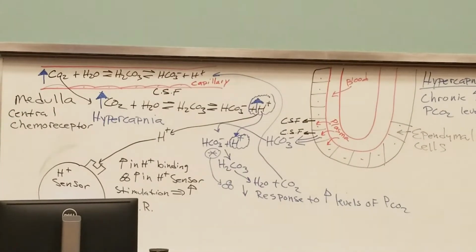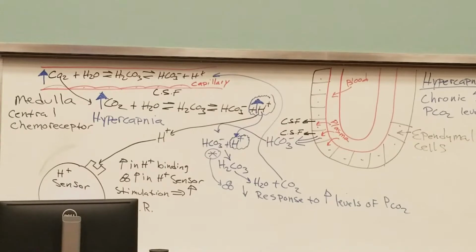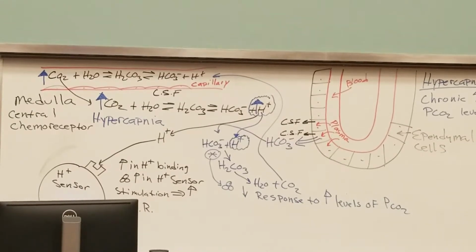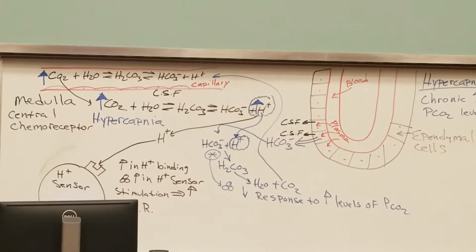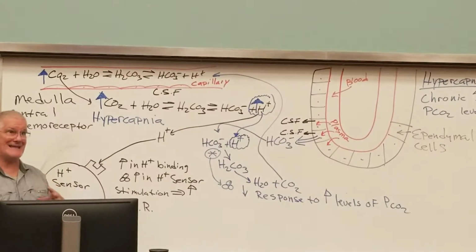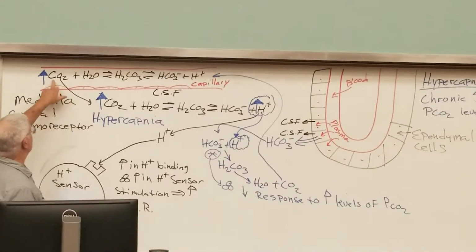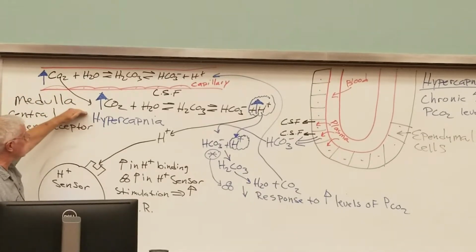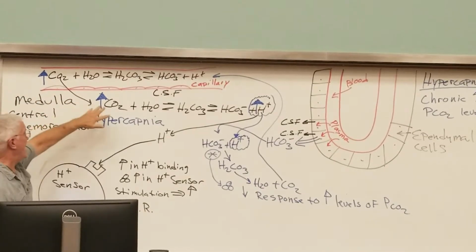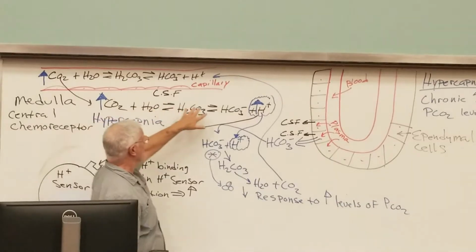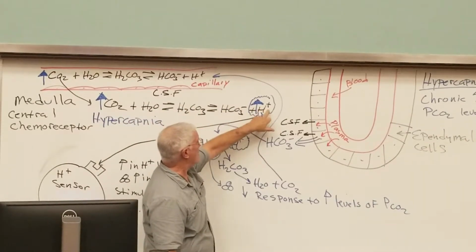And if you don't get an increase in respiration, you're probably running low on oxygen. This is what happens to people who go to high altitude and have a hard time acclimating. They're generating lots of CO2. That CO2 diffuses into the cerebrospinal fluid and combines with water, which leads to the production of hydrogen ions.